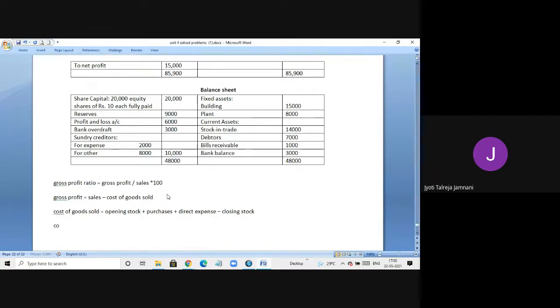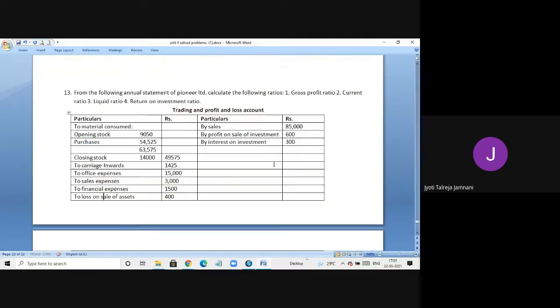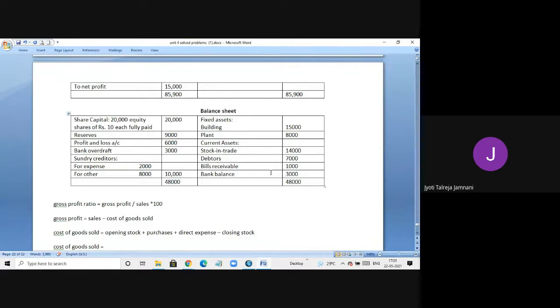So first we'll find the cost of goods sold. Opening stock is 9,050. Purchases is 54,525.